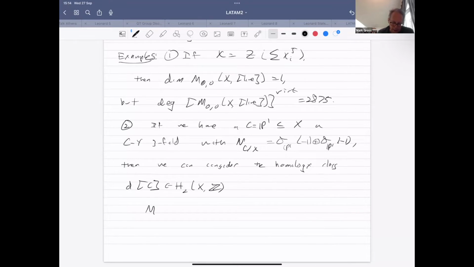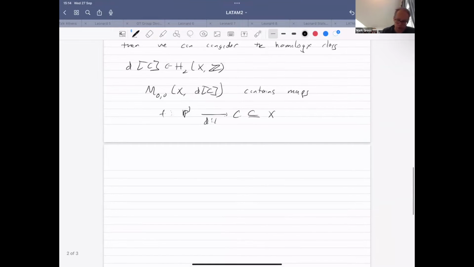And then M_{0,0}(X, d[C]) contains maps which take P^1, mapping d to 1 to C inside X. So you can take a look at d-fold covers. Now, there are a lot of d-fold covers. There's a 2d minus 2 dimensional space of such d to 1 covers.